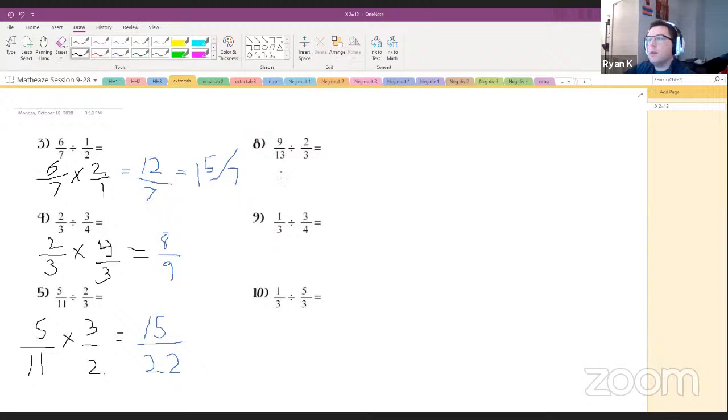All right, how about this one? 9/13, multiplied. So changing this around to now 3 divided by 2. So what do we have?